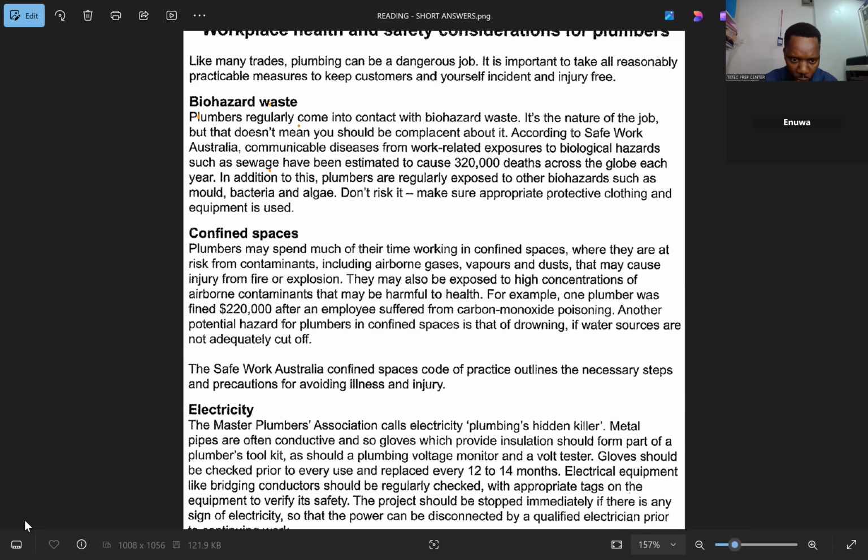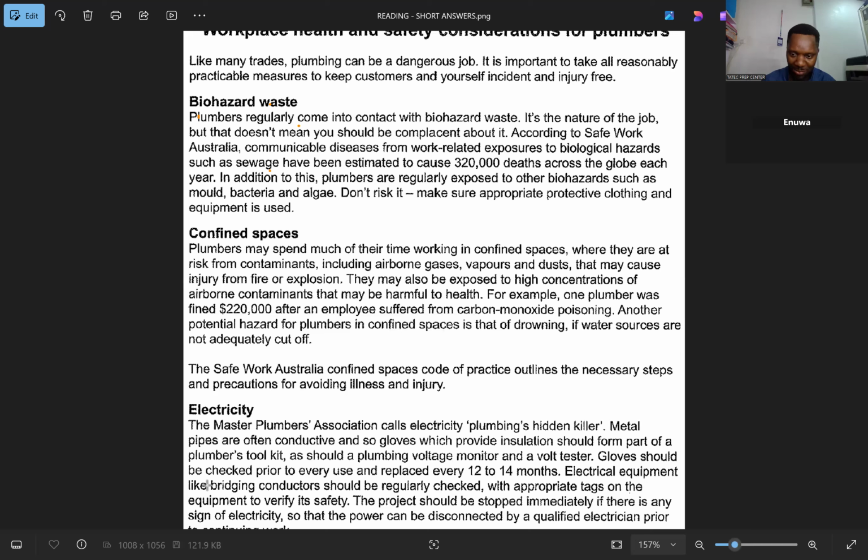Now it says gloves should be checked prior to every use and replaced every 12 to 14 months. Electrical equipment like bridging conductors should be regularly checked with appropriate tags on the equipment to verify its safety. Paraphrase.